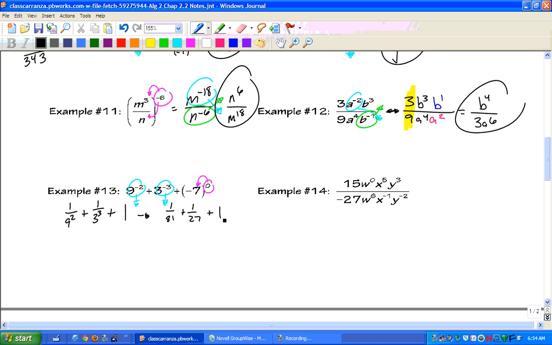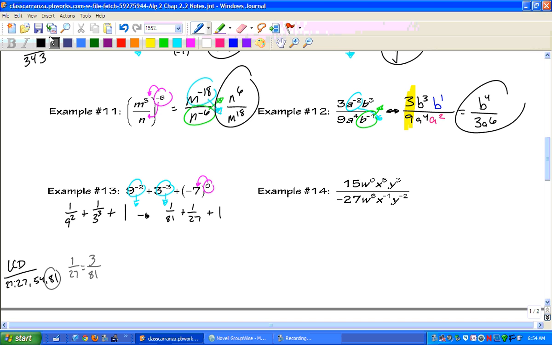Now we need to have some common denominators. So the LCD of 27 is 27, 54, 81. Look at that. So we don't even have to change our first fraction. I'm going to multiply that by 3.